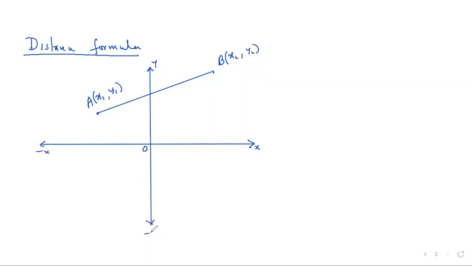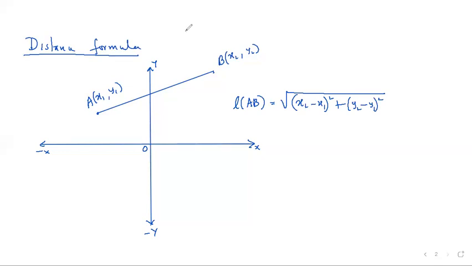Do you know? Length AB, distance formula, distance between A and B. Can anybody tell me? Root of x2 minus x1 the whole square plus y2 minus y1 the whole square.